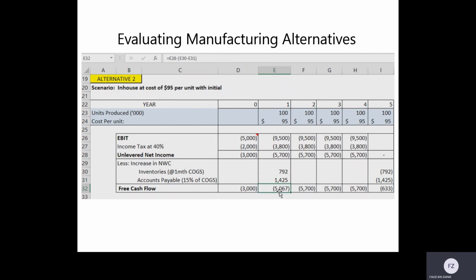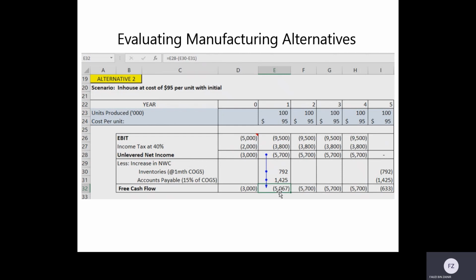As a result, your free cash flow here is basically your 5,700 minus the difference between these two, which is minus 633. Since this is minus, you have plus 633 in essence.